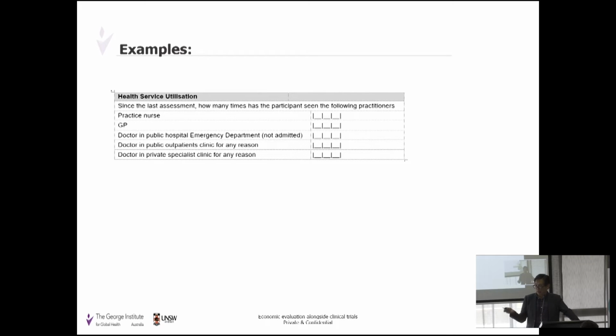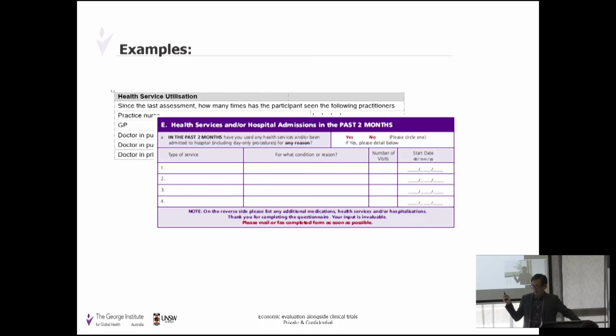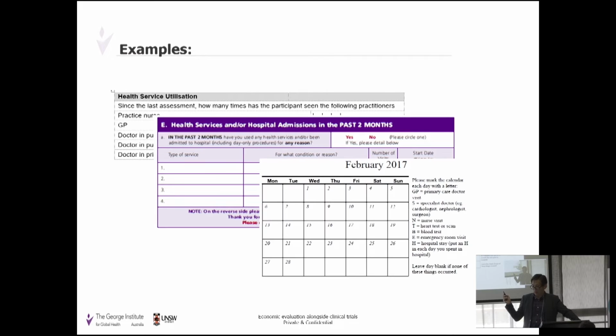So health service utilisation, you can see it's fairly straightforward, although for the average patient, it may be pretty difficult to answer reliably. Similar questionnaire, past 2 months, services that you've used. Another diary that we've used in the past.